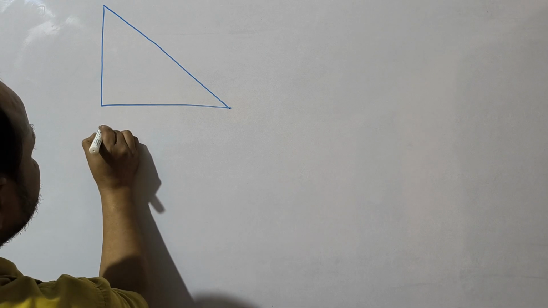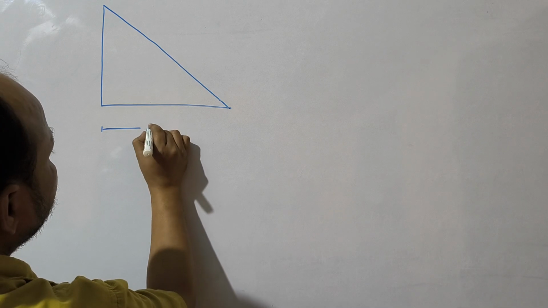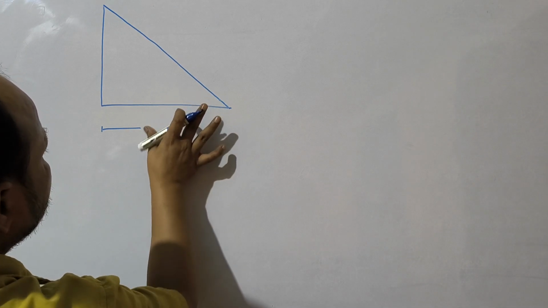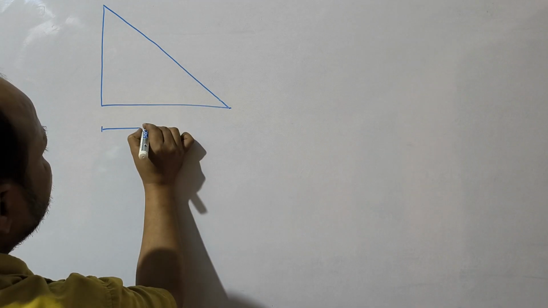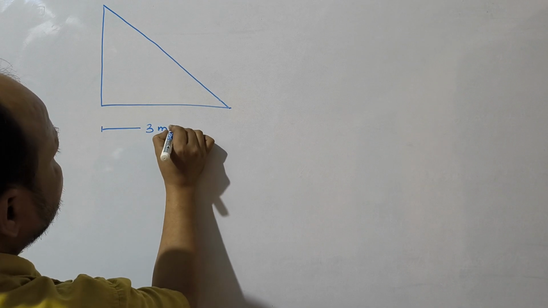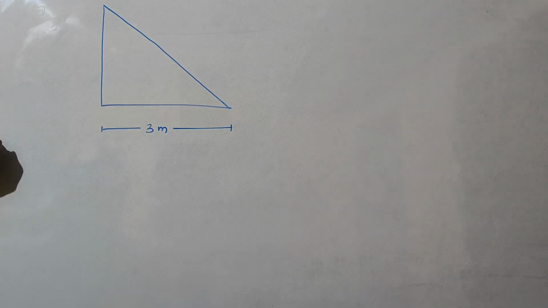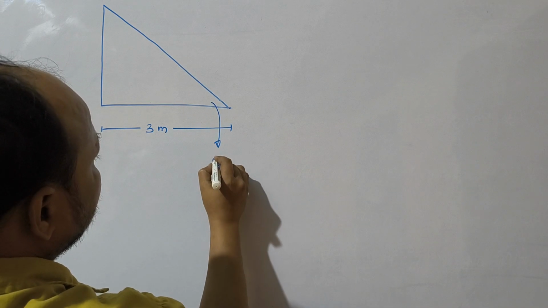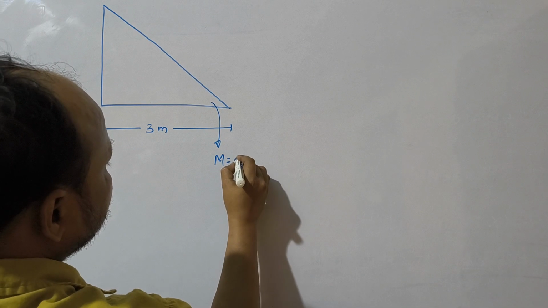This distance is, let's say, 4 meter, 3 meter, and mass of the wedge is again let's say capital M, which is 20 kg.